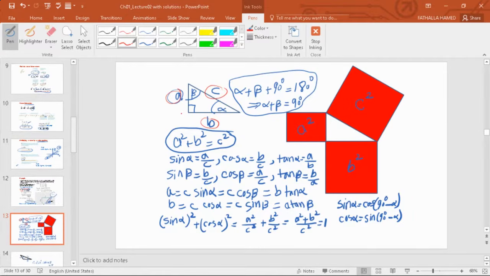Now, you know from school that Pythagoras' law says that a squared plus b squared is equal to c squared. That's what you learned in school. And you also learned that the addition of all 3 angles in a triangle should add up to 180 degrees. And if these angles equal 180 degrees, and this angle here is equal to 90 degrees, that means alpha plus beta is equal to 90 degrees.